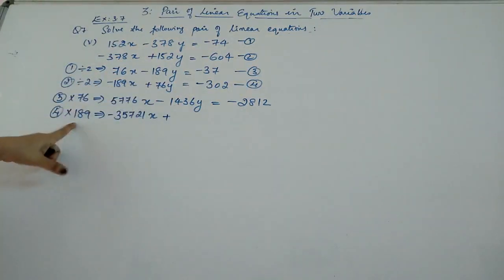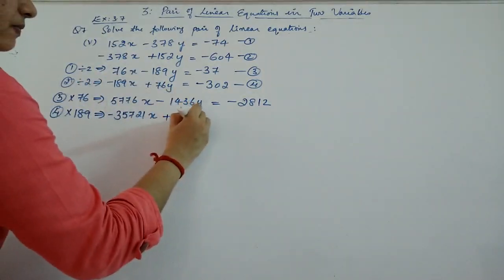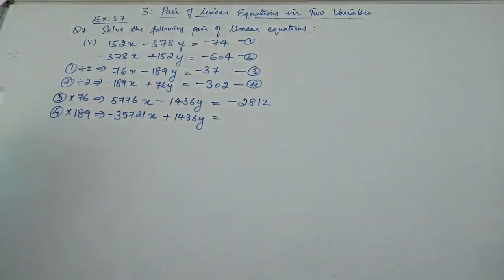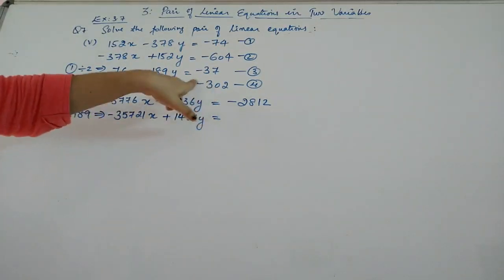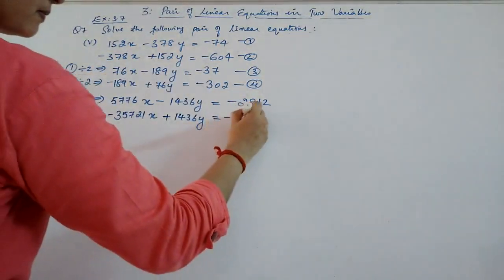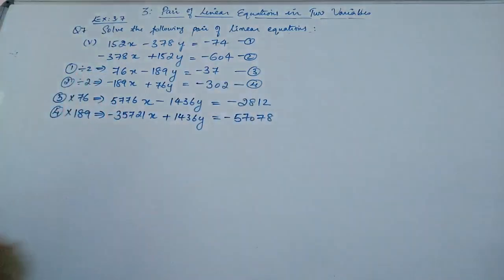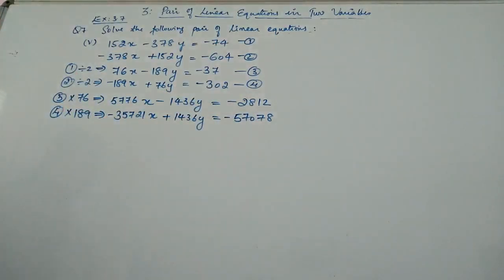Again 76 into 189 will give you the same value, which is 14364y, equal to 189 into 302, which will give you negative, because you have a negative sign, negative 57078. You should check after calculating whether these are correct or not.